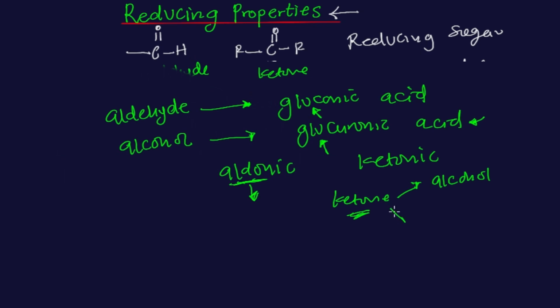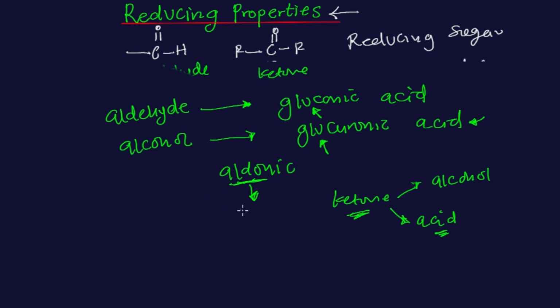Ketone can never undergo reduction reaction to form acid. That's what I want you guys to understand. There is nothing like an acid of ketone, and there is nothing like ketonic. But there is aldonic, because aldehyde can undergo reduction reaction, and then the terminal hydroxy group of aldehyde can also undergo reduction reaction.